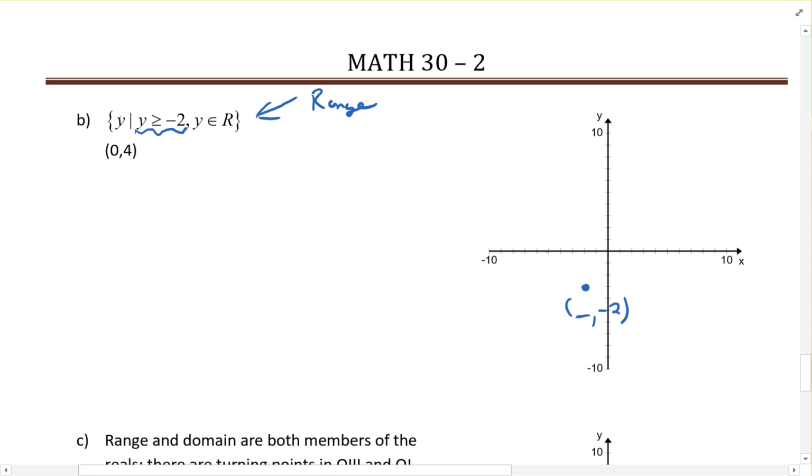So I also know it's going to be opening up, because it can't be opening down. If it was opening down, it would be anything less than that. So it's got to be opening up. And then there's your hint. Sorry, this is just another point that it passes through. So it passes through x is equal to 0 and y is equal to 4.